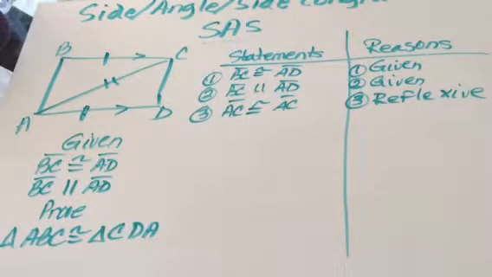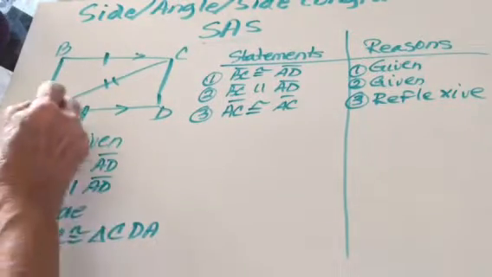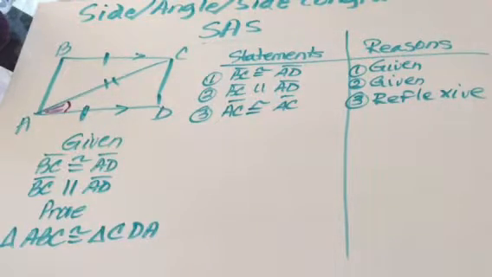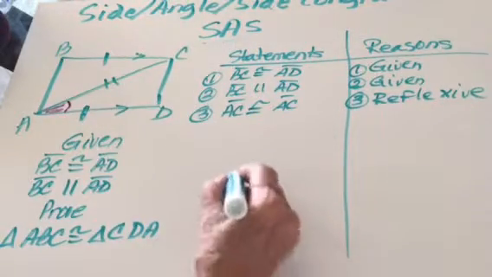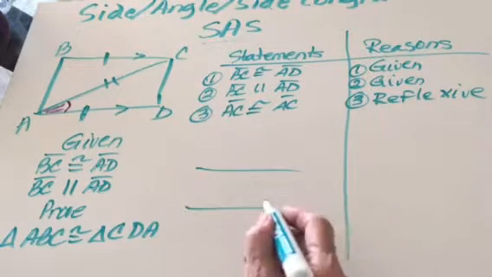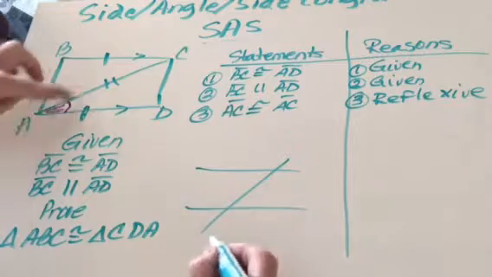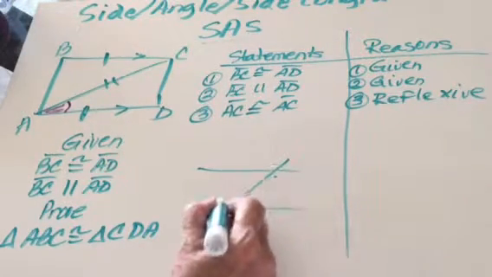All right, now we have side and side. What angle do we have to use? We have to use this one because it is between the 2 sides. Well, how can we prove this? Remember, if I have 2 lines like this that are parallel, and I cut through them like this, then these 2 angles are the same.